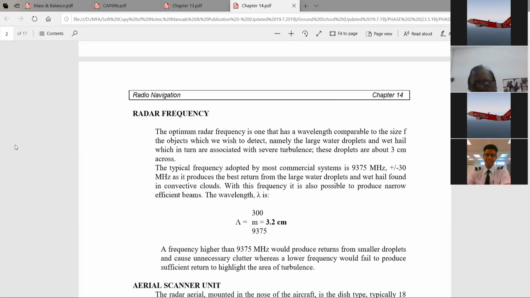Or in case you increase the frequency, what will happen? Come on, ladies, I want an answer from the ladies now. What will happen if I increase the frequency?